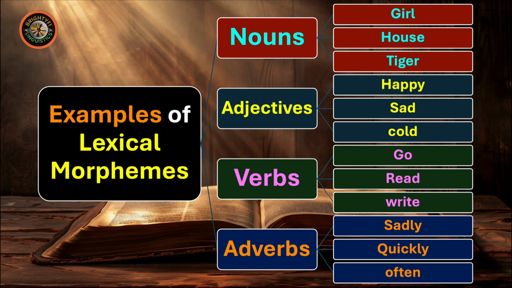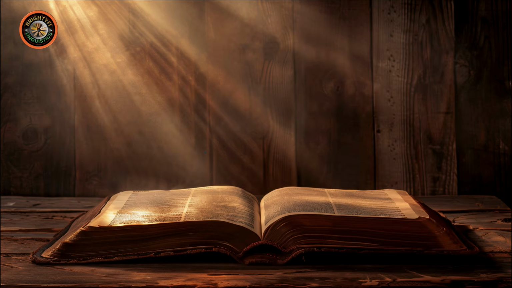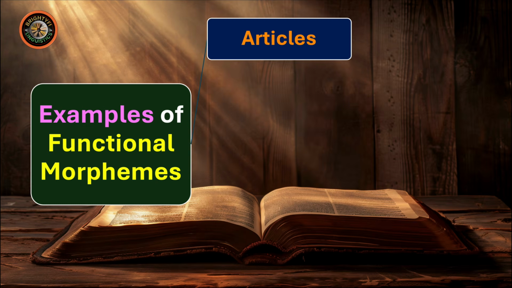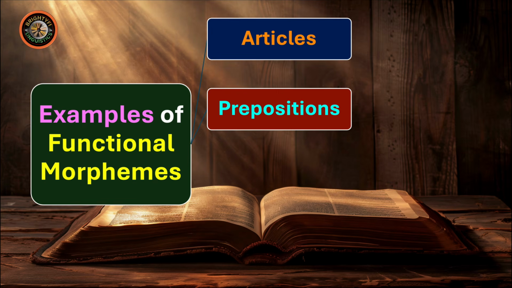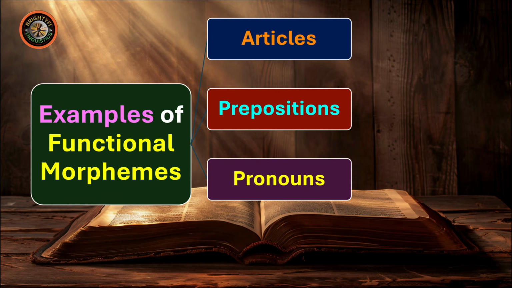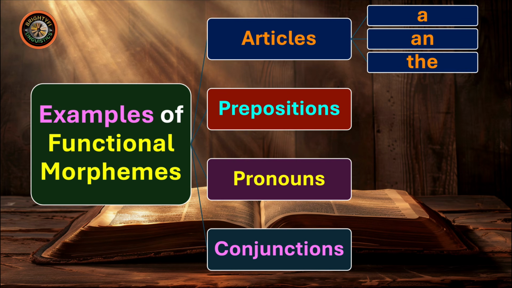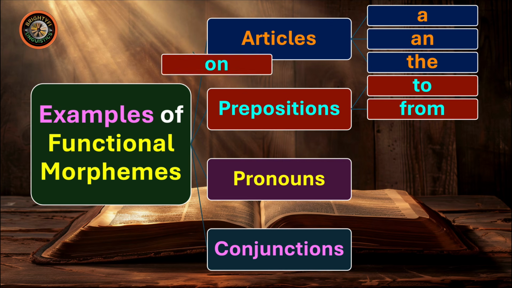Now we move on to the examples of functional morphemes, and they normally refer to articles, prepositions, pronouns, and conjunctions. How? Let's see the examples. Articles we have a, an, the. Prepositions we have to, from, on.